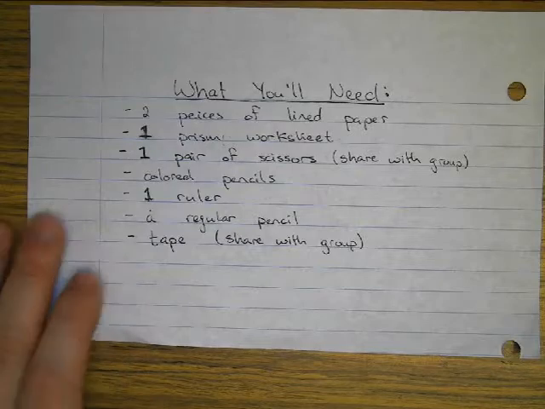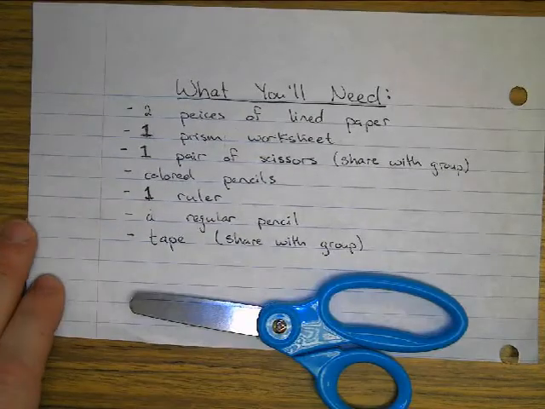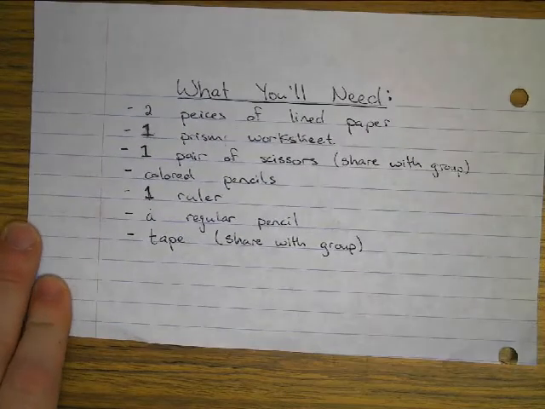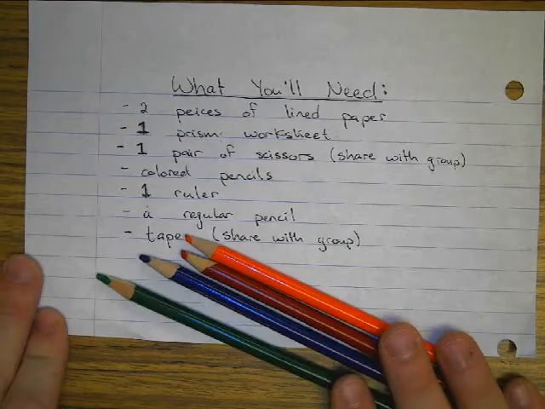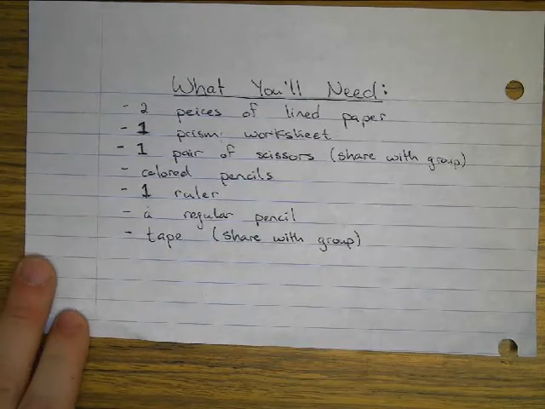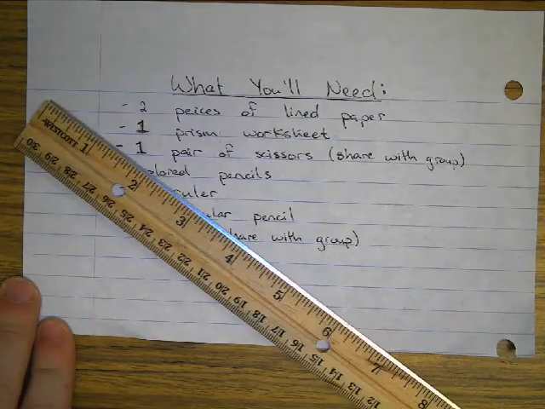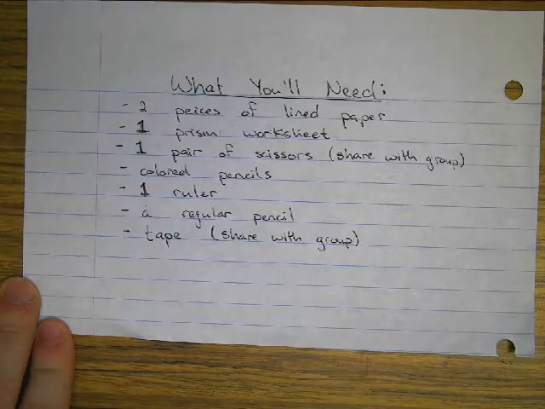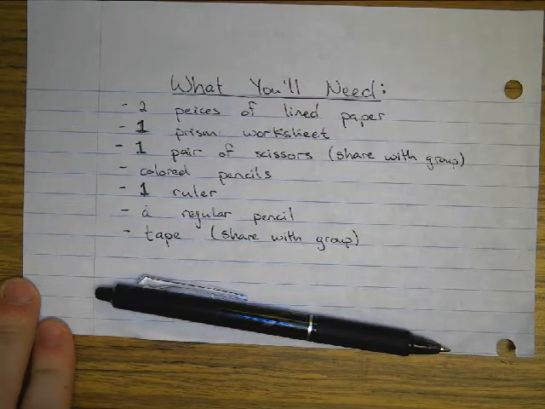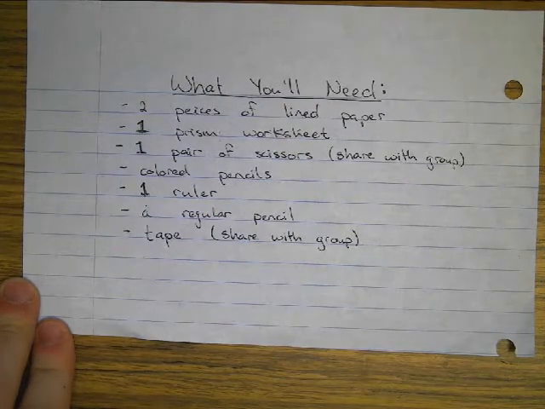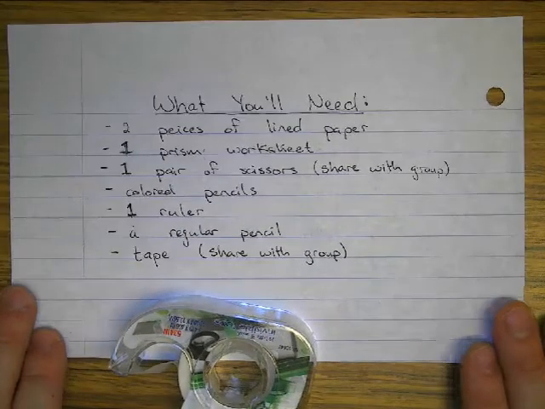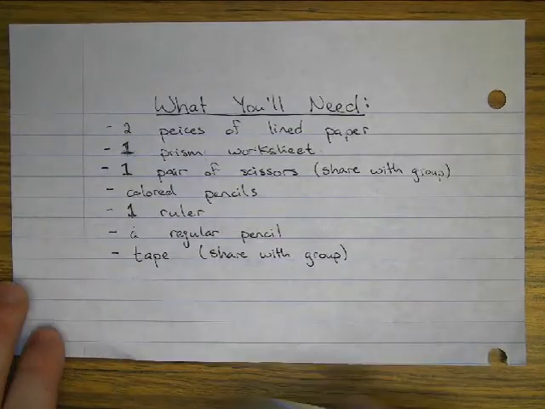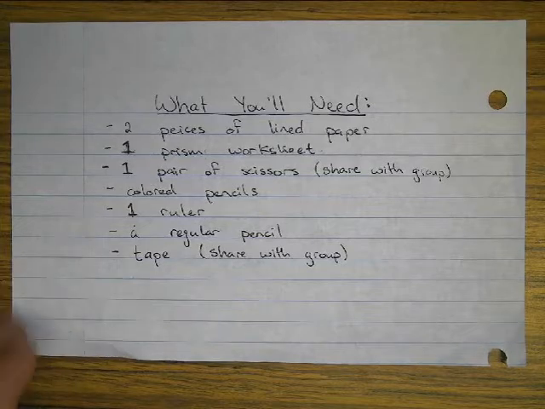You'll need 1 pair of scissors, some colored pencils, a ruler, a regular pencil or writing utensil, and some tape. Now the scissors and the tape you'll have to share with your group, as I don't have enough for everyone. So share the tape dispenser, share the scissors.